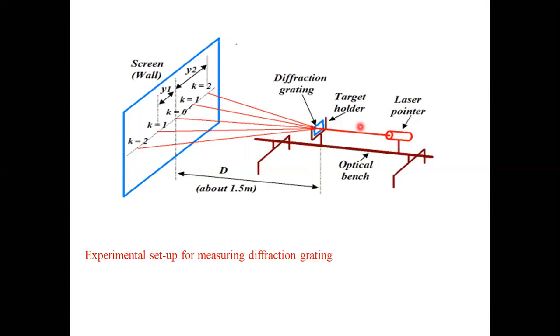As a result, we have a large number of diffracted rays. These diffracted rays superimpose. Because they come from the same source, they fulfil the condition of interference. So when they superimpose, they undergo interference and we get an interference pattern on the screen.